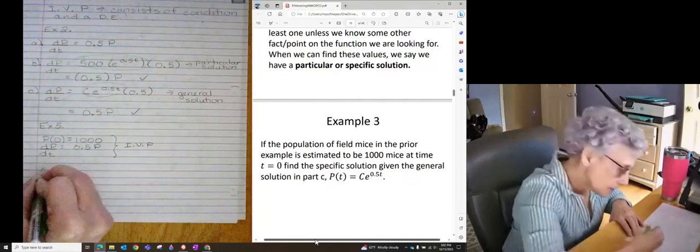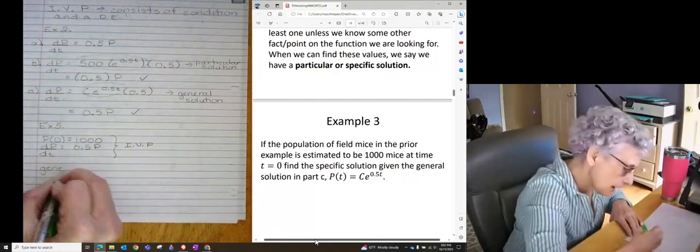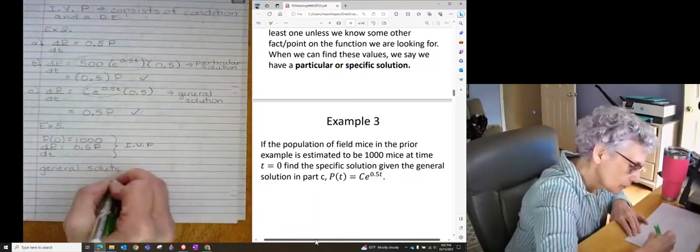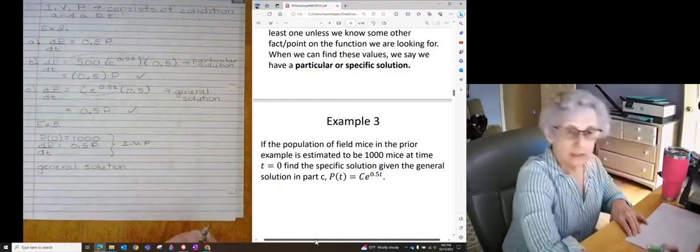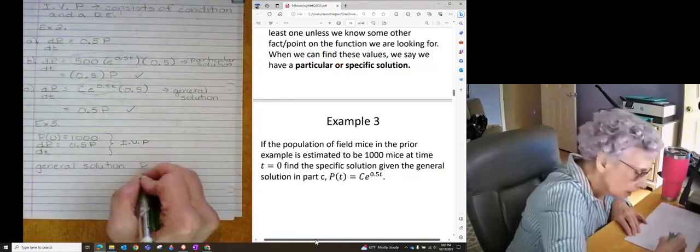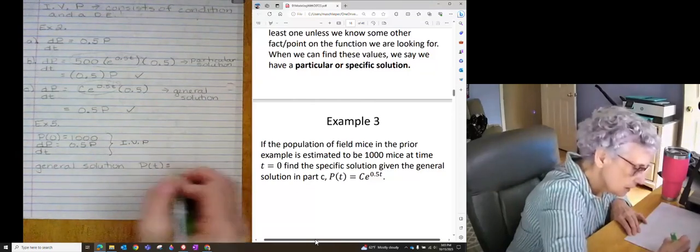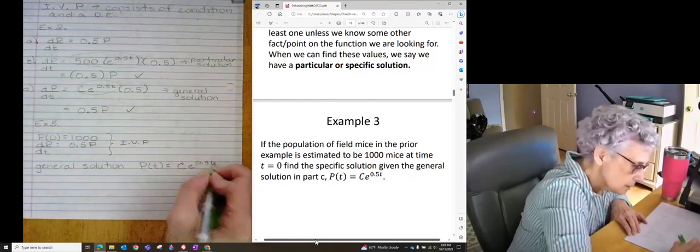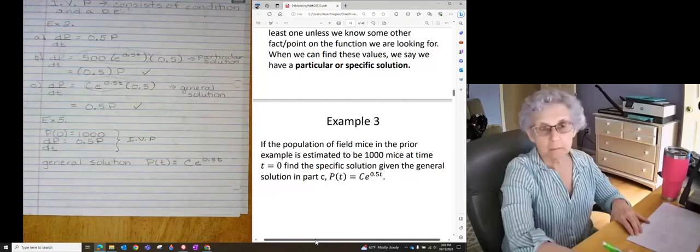My general solution, which you will figure out how to calculate really soon, to this initial value problem is P of t equals some constant c times e to the 0.5 t.